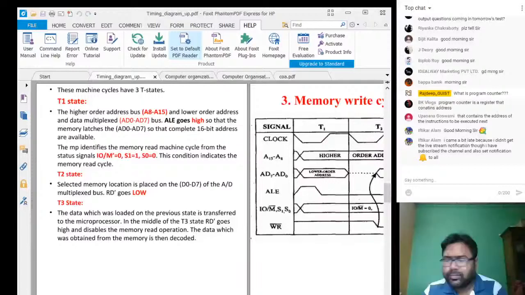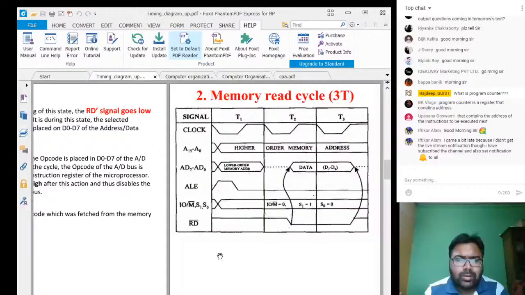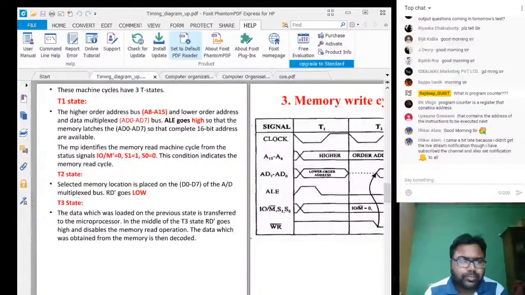So this basically means that it is a memory read operation. These status lines you have to remember, what their contents are. Next comes the T2 state.